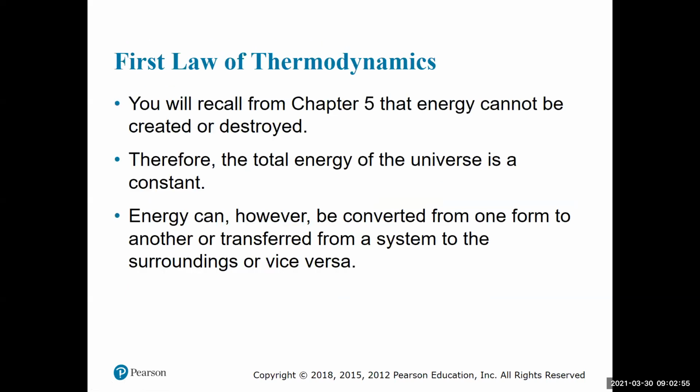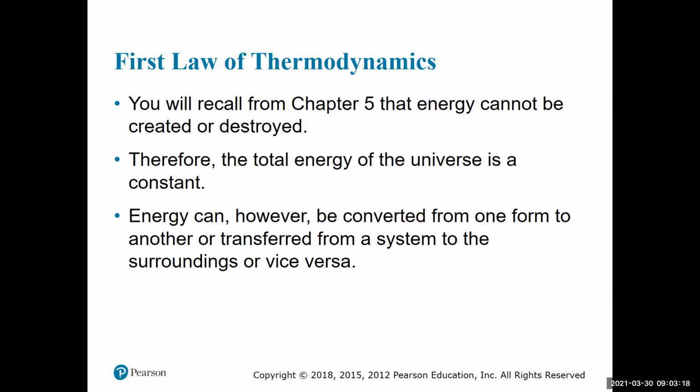So hopefully you remember what the first law of thermodynamics was. That simply stated was energy cannot be created or destroyed, okay? So there's a certain amount of energy present. You can't make more, you can't destroy it. And so total energy remains constant.